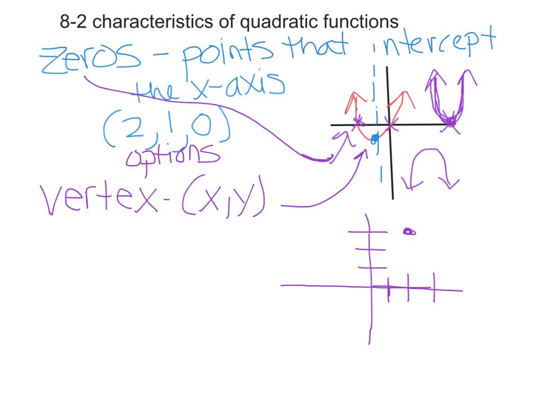Okay, so it should match what I have on my board here. 2, 3, yep. Place your zeros at -1 and positive 1 and 3. Sorry if that messed you up. Positive 1 and 3. Just do a sketch.